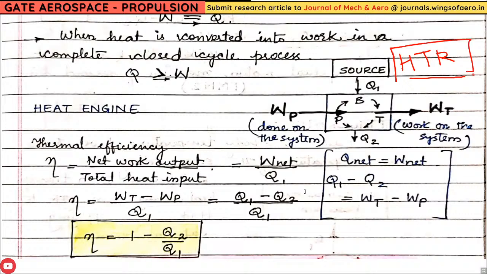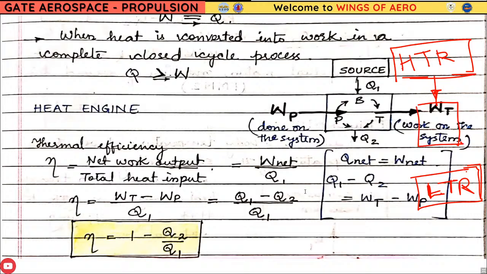Source means from where the heat is generated, or where the temperature is higher. Then another place we call the sink, where we have the low thermal reservoir, which we can write as LTR. When it transfers heat from the source, let's consider a boiler. I hope you can see the boiler here.